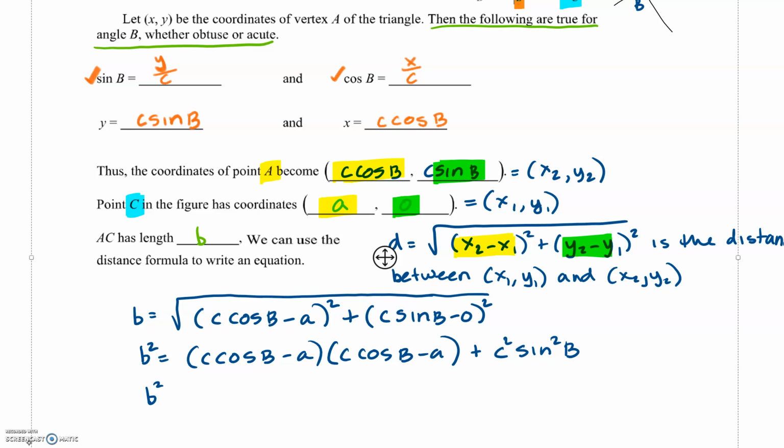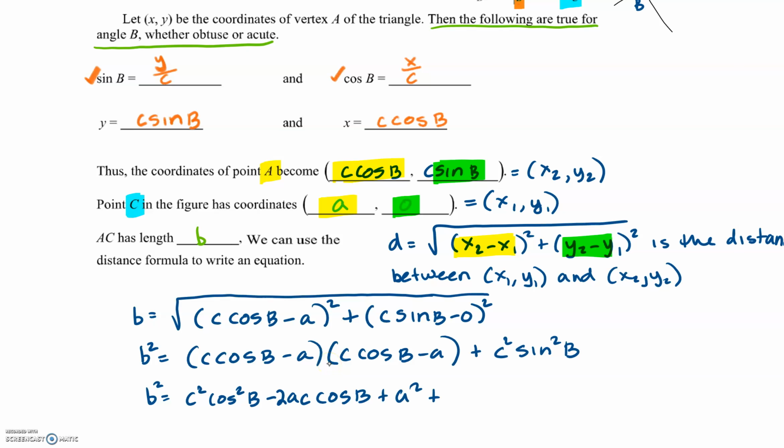So we know that B squared is going to be C squared, first is C, the first here is C squared cosine squared of B. And then the outer terms, that would be minus AC cosine of B. The inner would be another minus AC cosine of B, so I'm just going to have 2 of those, plus A squared plus C squared sine squared of B.